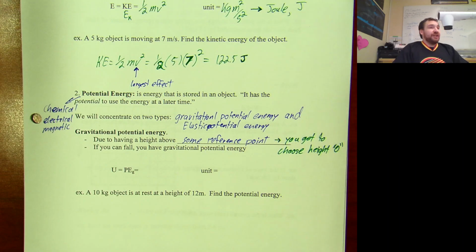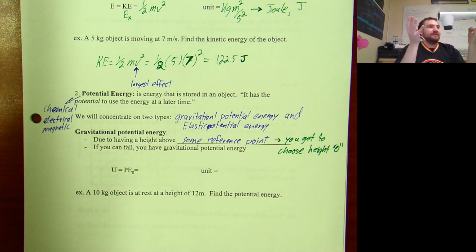The expression for gravitational potential energy is going to take into account how high you are above something and the force that is going to act on you should you leave that height. What force is going to act on us should we leave this height? Gravity. And the expression for the gravitational force is mg.